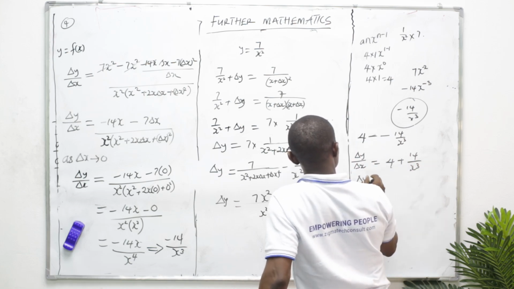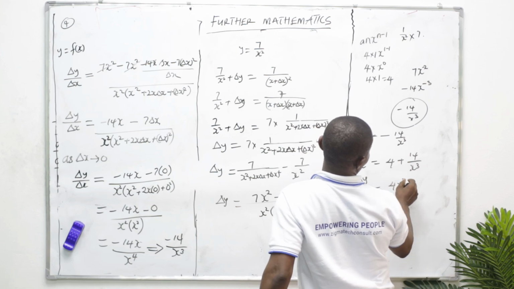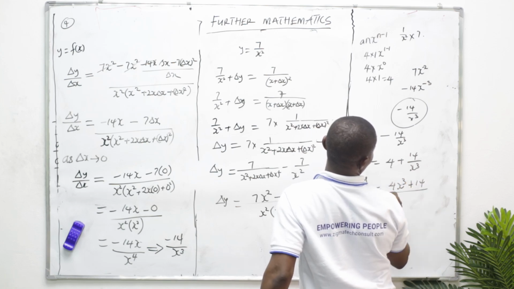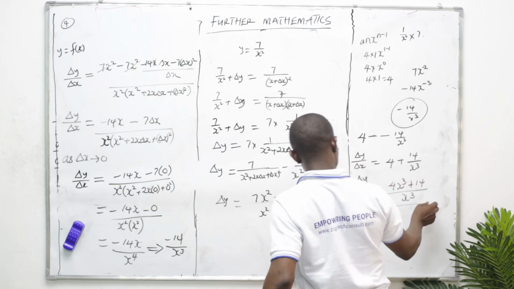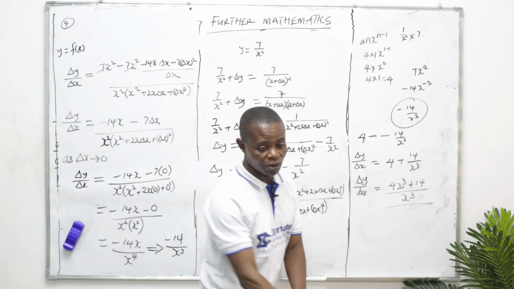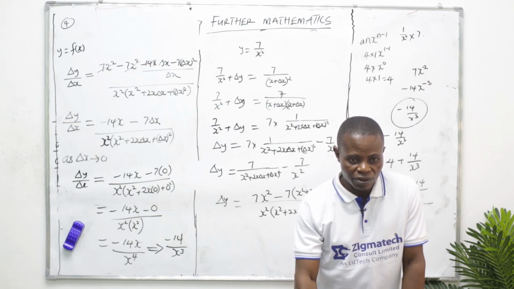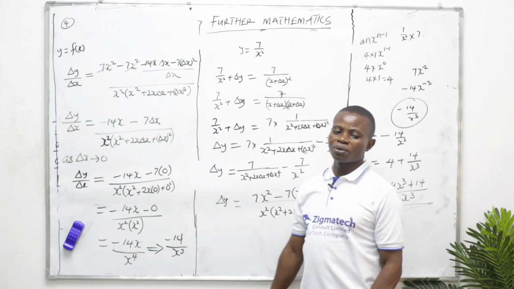Or you can say dy ds equals 4s cubed plus 14 all over s cubed. This is the differentiation from first principle.